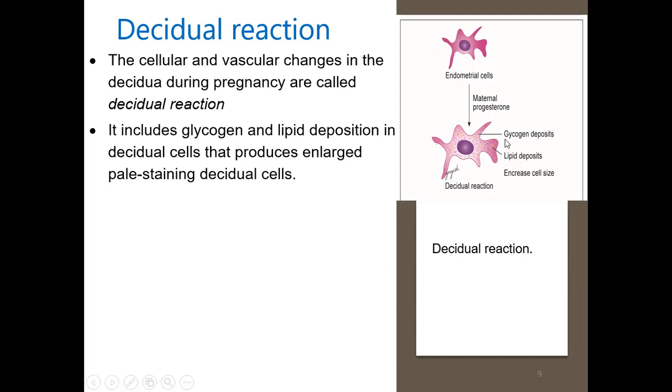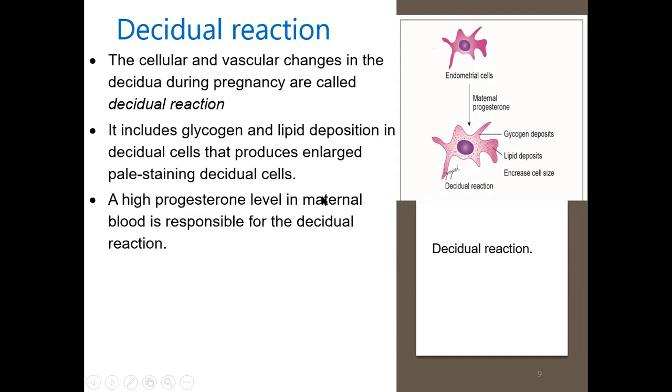So the cell size increases, and this provides nutrition to the growing embryo until the uteroplacental circulation is established. So these are pale staining decidual cells. A high progesterone level in maternal blood is responsible for this decidual reaction.